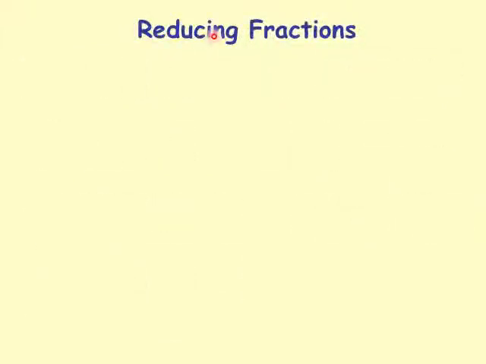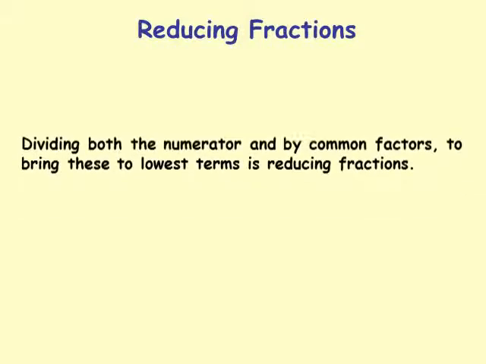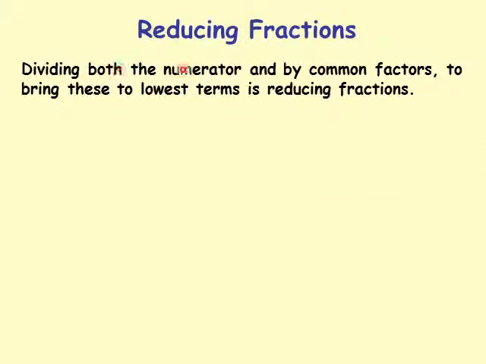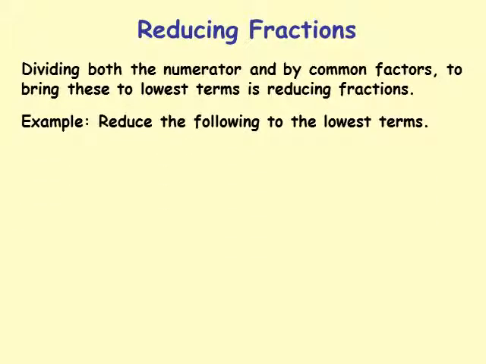Let's see what reducing a fraction is. Dividing both the numerator and the denominator by common factors to bring them to lowest terms is reducing a fraction. Let's take an example. We're going to reduce 6 divided by 10 to the lowest terms.